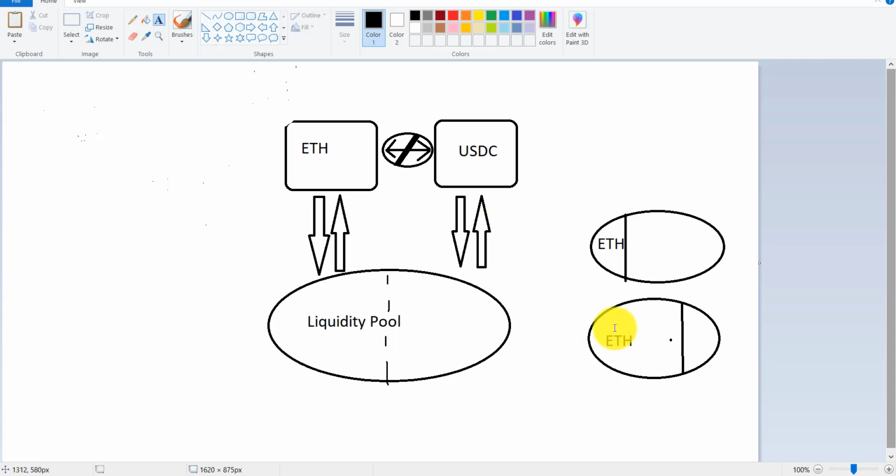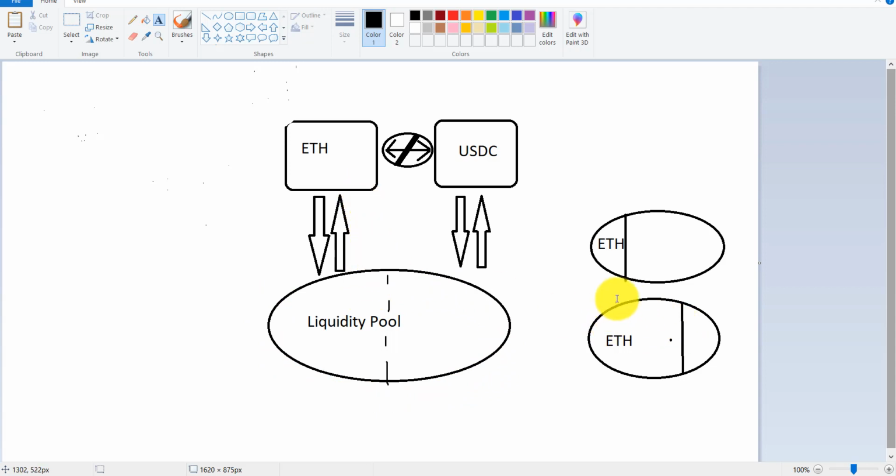Now, one of the reasons they call it impermanent loss is because as long as Ethereum's price eventually goes back up, it's not permanent. Meaning, if Ethereum's price eventually went back up to where it was when you first started your investment into the liquidity mining pool, that would mean that someone's going to have to start pulling out Ethereum, leaving behind USDC, and you end up back in a situation where it's closer to 50-50, plus you've earned all those fees.